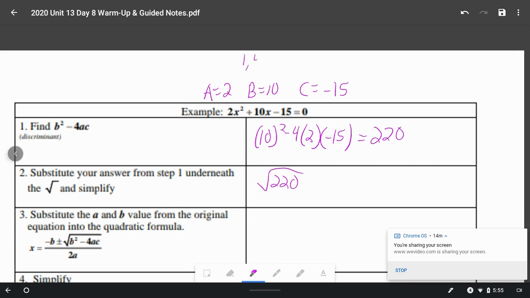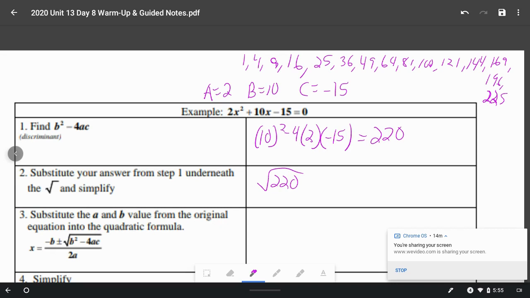I know my perfect squares in my brain are these. All right, so let's see which one of these goes into 220 perfectly. If I start with 225, oh no, 220 is before it, never mind.